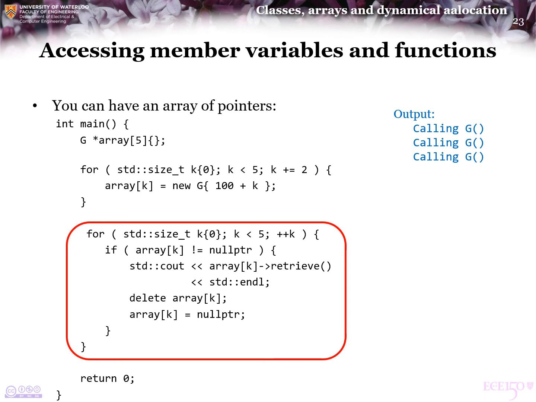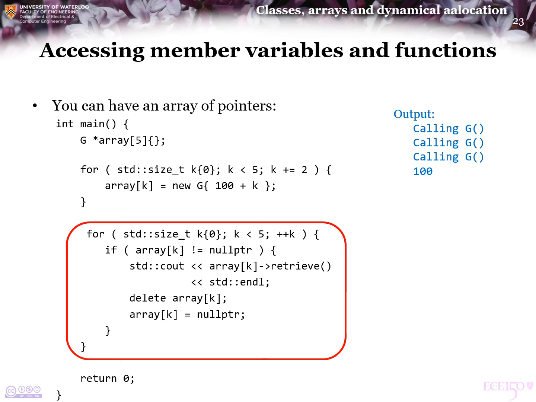So when k is equal to 0, array 0 is no longer the null pointer. So we now want to call the retrieve member function of the object at that address. So therefore we use the arrow operator. That will print 100 to the screen.